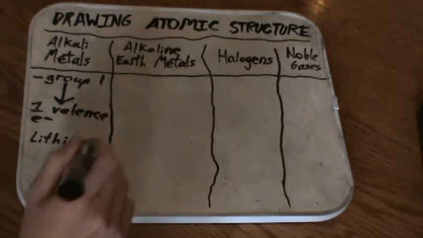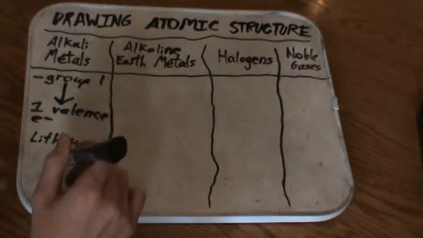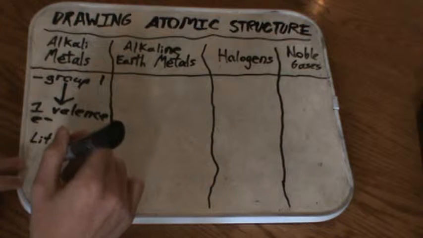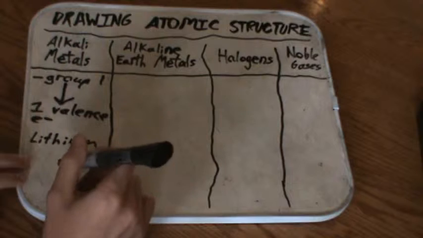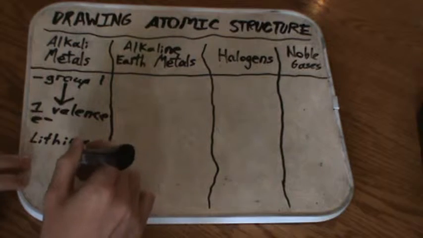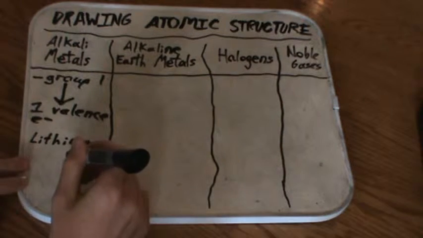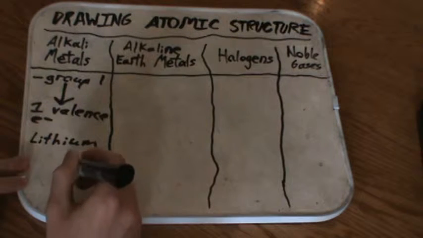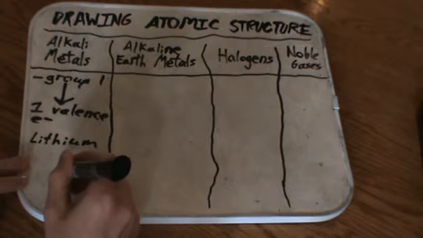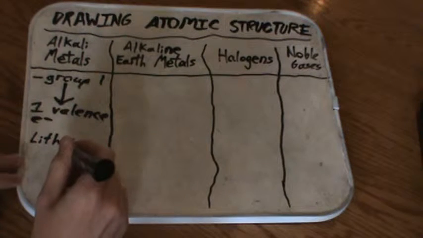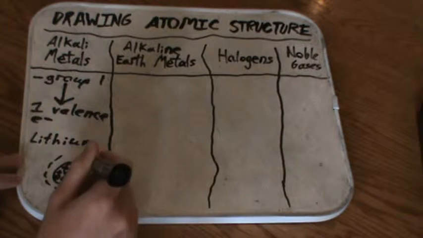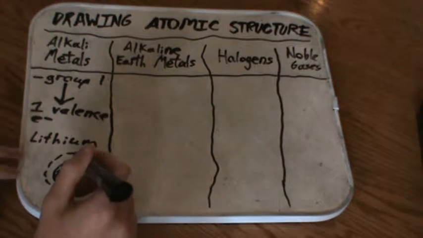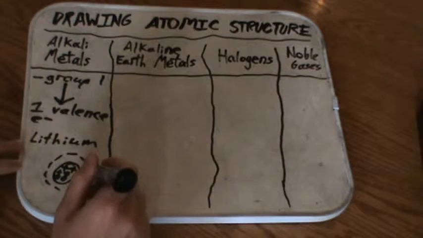Lithium has the atomic number of 3, by the way. And once you draw its nucleus, it's got 3 protons and 3 neutrons. You have the first energy level, and because it is in the second period, it has 2 energy levels.